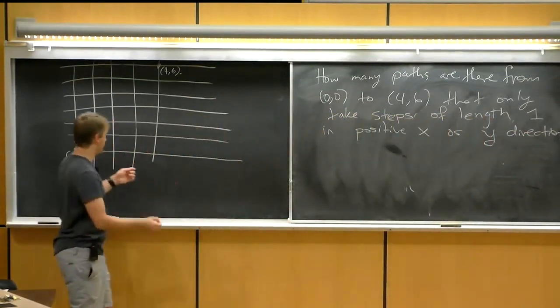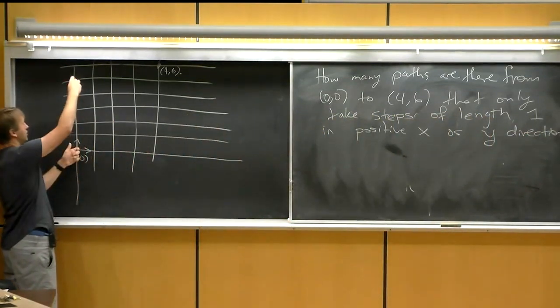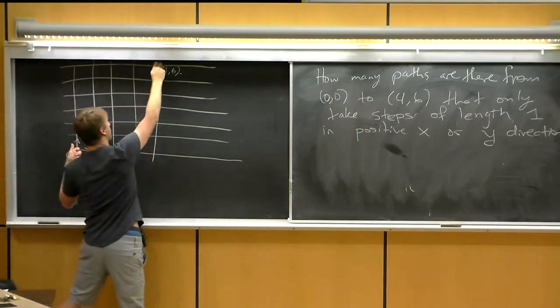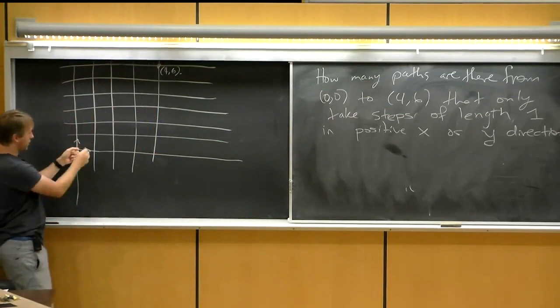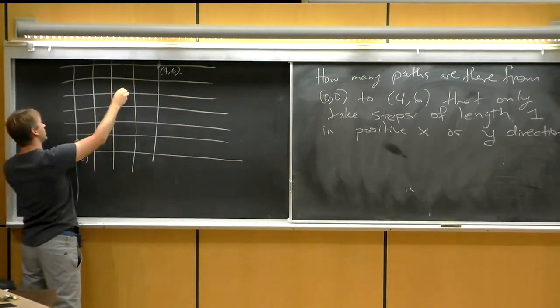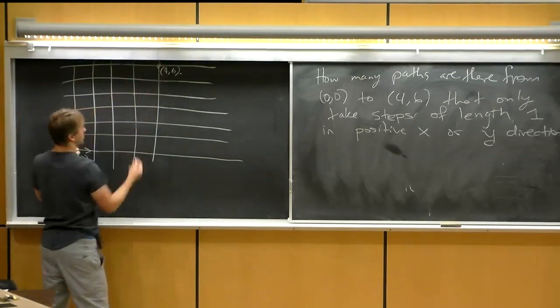So one path, you could just take 6 steps up in the y direction, 4 steps in the x direction. Or you could take a step to the right, a step up, a step to the right, a step up, up, right, up, or something.